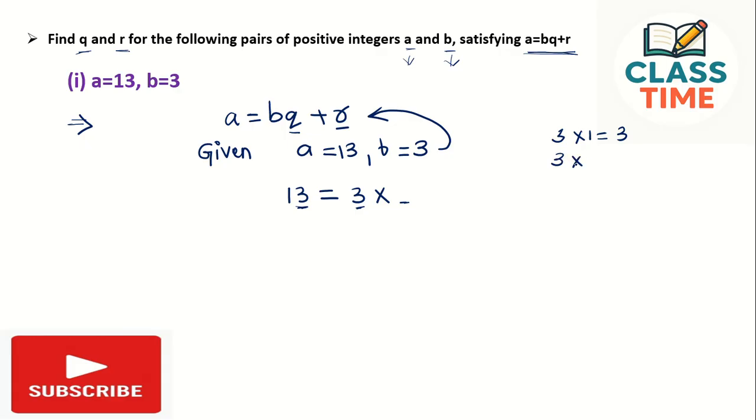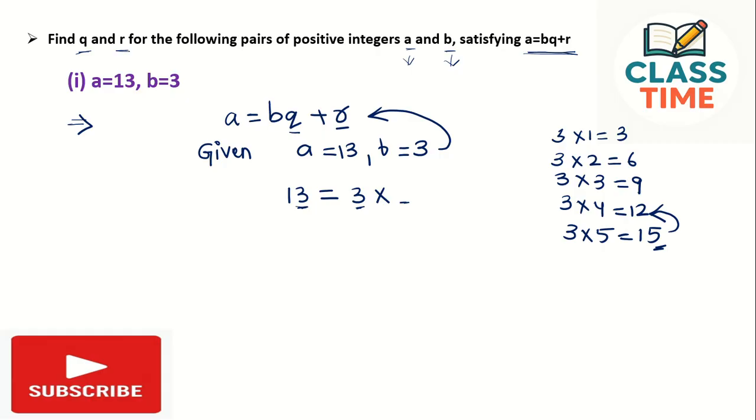Next 3 twos are 6. 3 threes are 9. 3 fours are 12. You are close to the number 13, right? Next 3 fives are 15. You are getting a number greater than 13, which is 15. So we'll take the lesser number, which is 12.